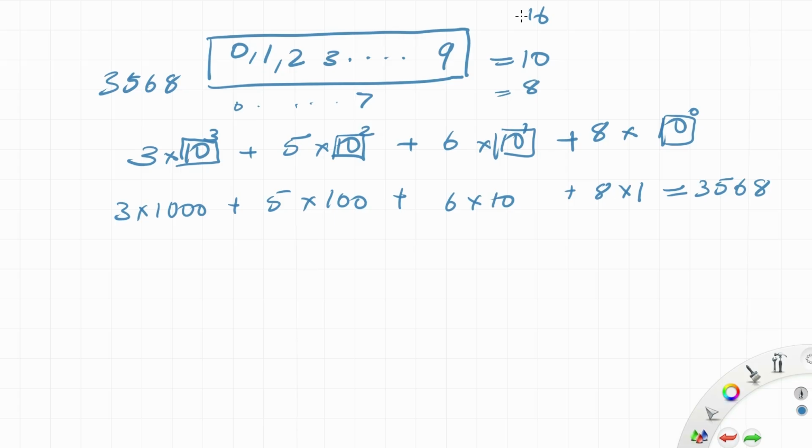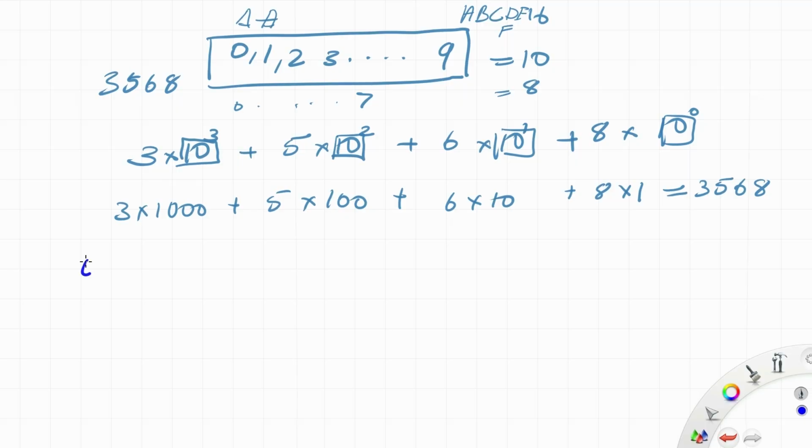So after 9, we will have A, B, C, D, E, and F. Those are the symbols we use for base 16. The symbols can be anything, but you need to have that many different things to represent the different values.